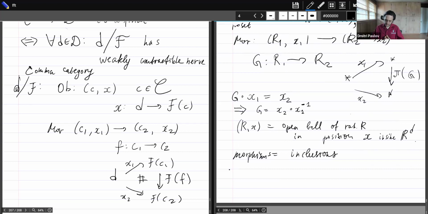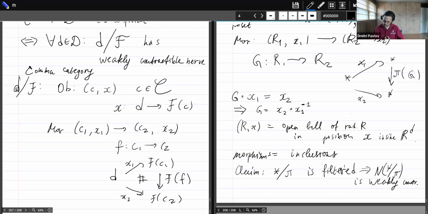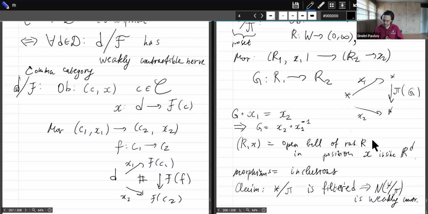Well, the remaining claim is that this comma category is filtered. And the nice thing about filtered categories is that they have contractible nerves. The nerve is weakly contractible. So why is it filtered? What does it mean to be filtered?